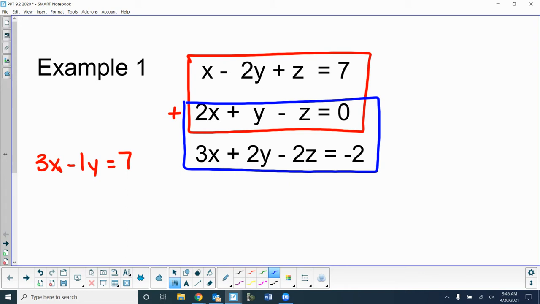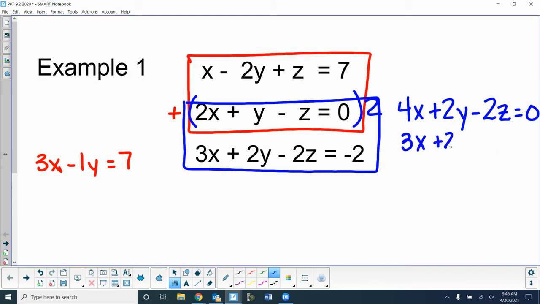So I got the same number in front of the z's. So this one, I'm going to multiply by 2, so I get 4x plus 2y minus 2z equals 0. And I'm just rewriting the one underneath it, the 3x plus 2y minus 2z equals negative 2.